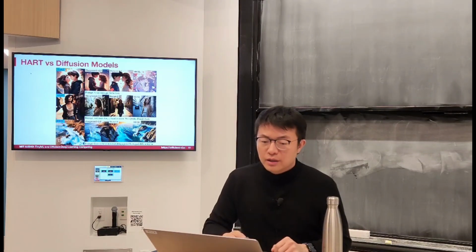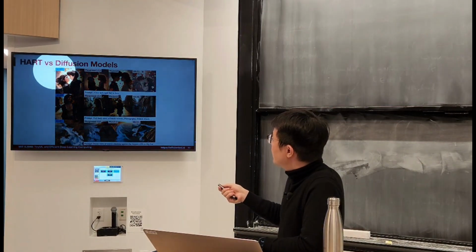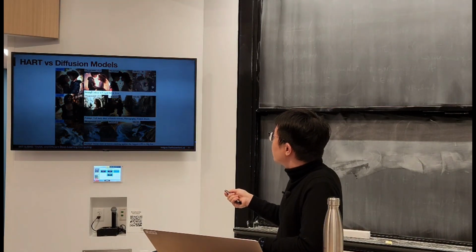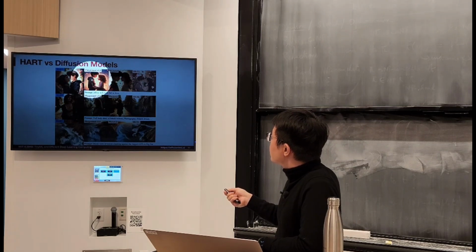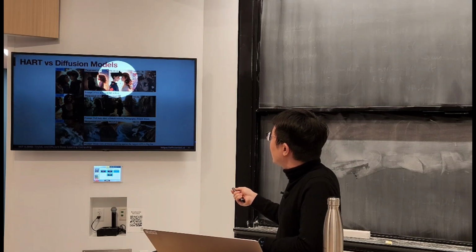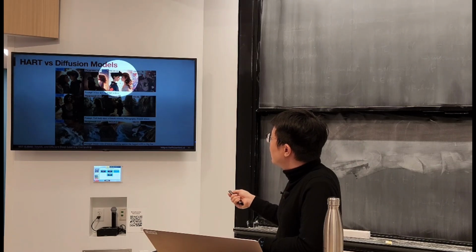And this is comparing HART versus the diffusion models. So the left column is HART, the prompt is a boy and a girl falling in love. This is HART. This is Playground. This is PixArt. This is SDXL. These are all diffusion models.